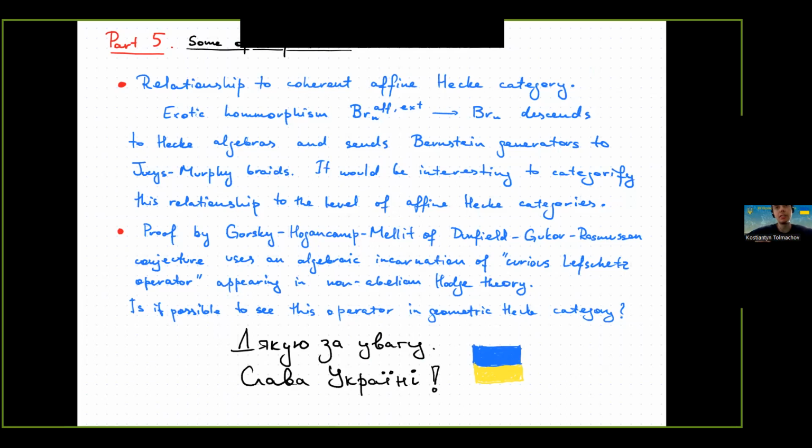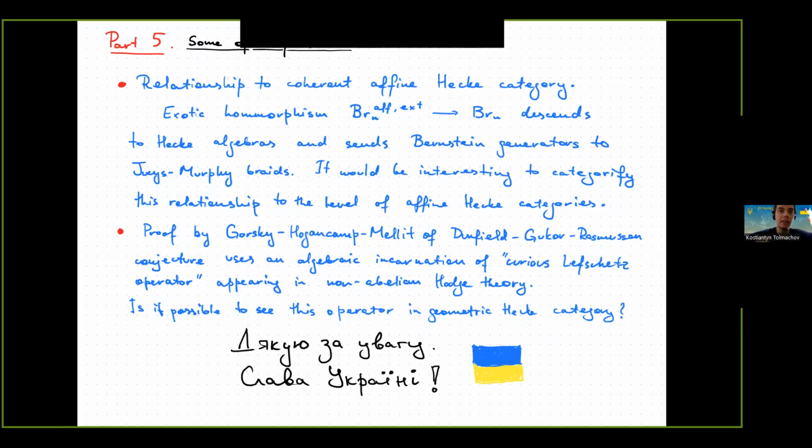So, for example, there is some exotic homomorphism from the affine braid group to the finite braid group in type A, which sends what are known as Bernstein generators of the affine Hecke algebra to Jucys-Murphy braids that appeared previously. And so this hints that there should be some relationship with the coherent incarnation of the affine Hecke category. This is also hinted by the picture with the flag Hilbert scheme I mentioned in one of the slides.